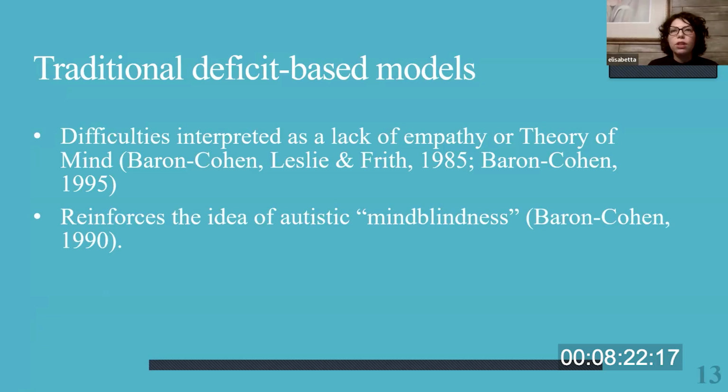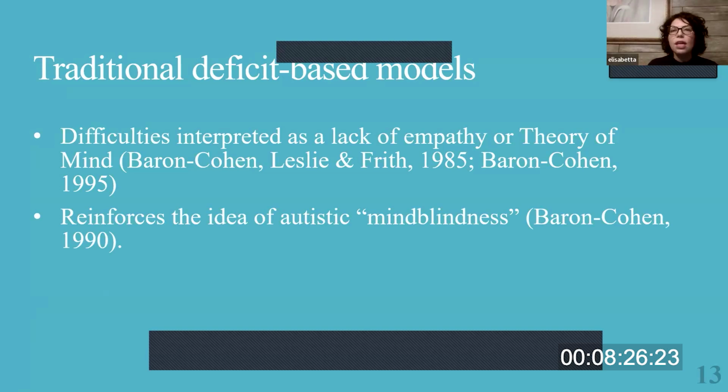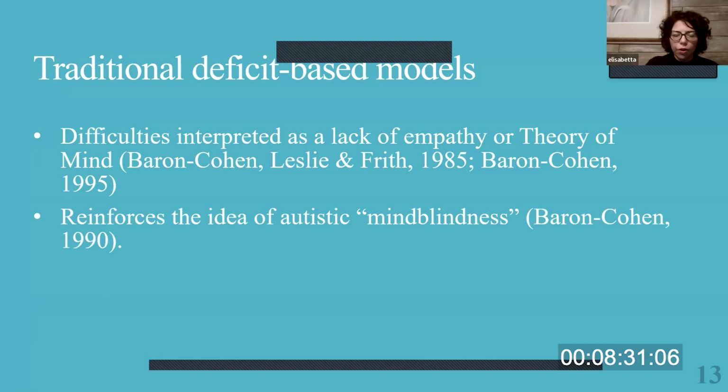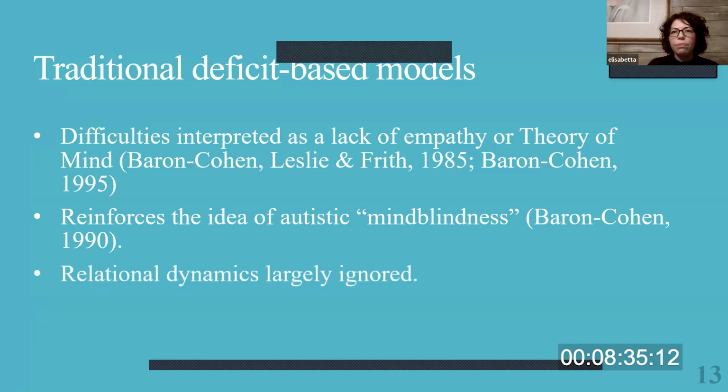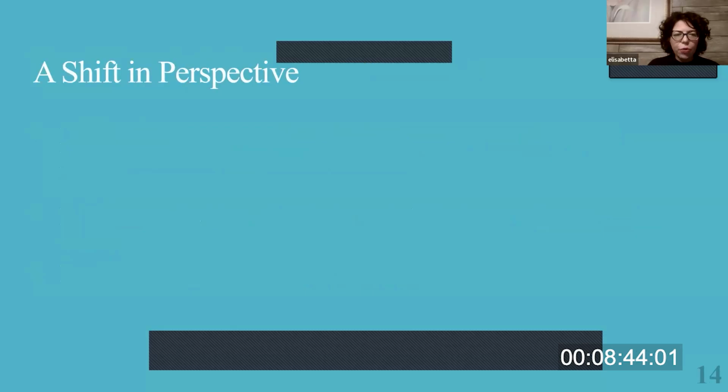So according to these theories, autistic people are not able to understand the other's feelings, intentions, beliefs, and so on. And another important point that has been often overlooked is the relational dynamics. Thankfully, nowadays we have a shift in perspective.